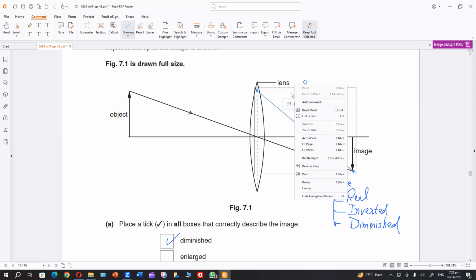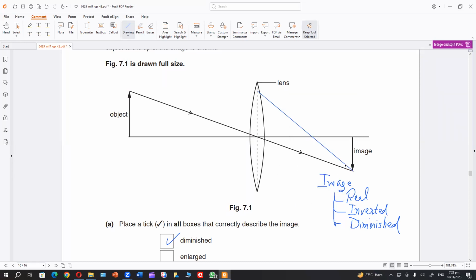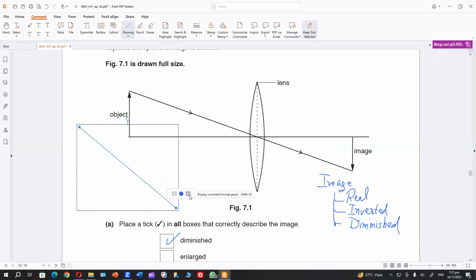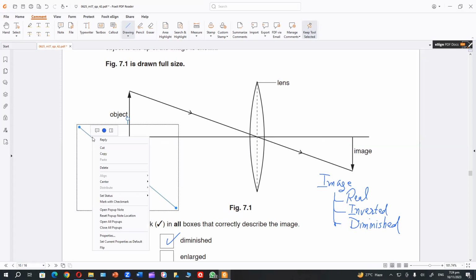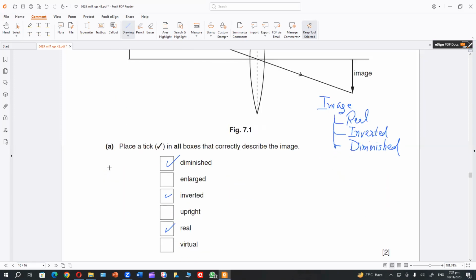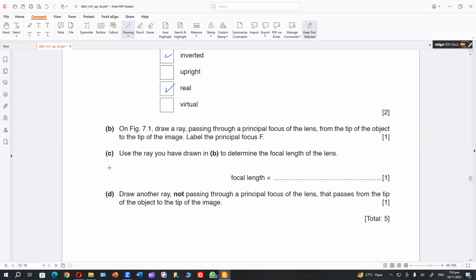So how should I draw this new ray? Figure 7.1, draw a ray passing through a principal focus.